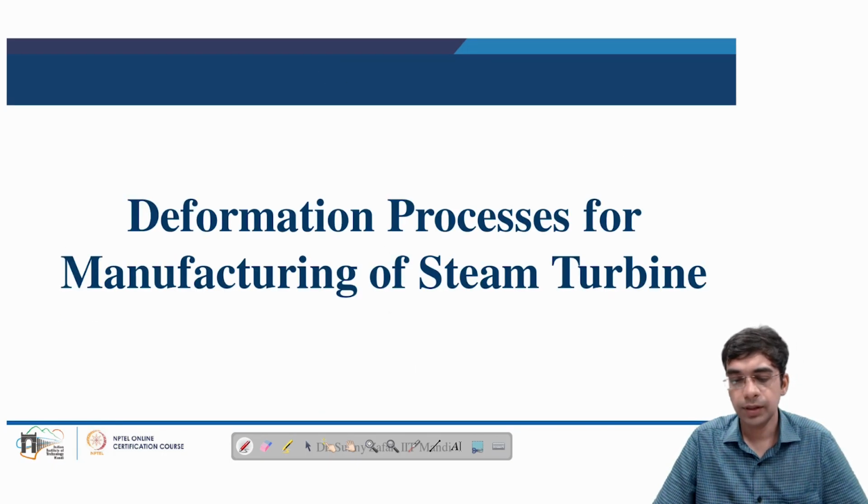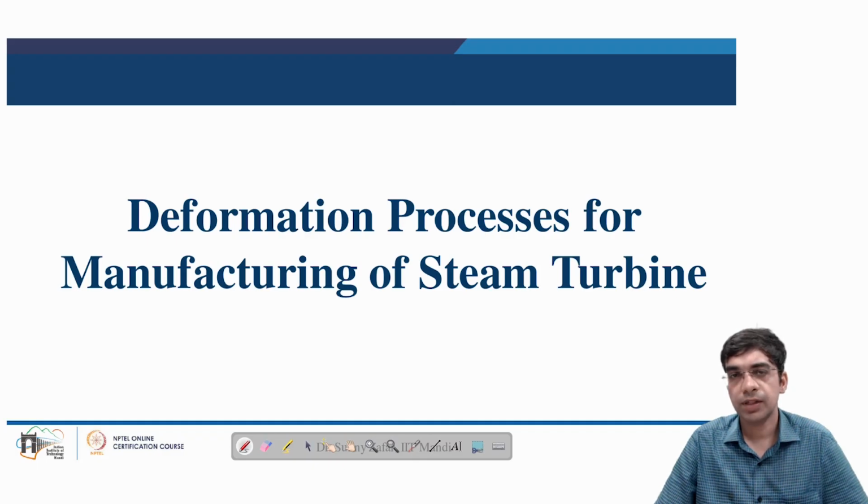Starting with the manufacturing process of deformation, because as we have seen in the previous lesson, the role of investment casting in giving the basic shape to the steam turbine blades.